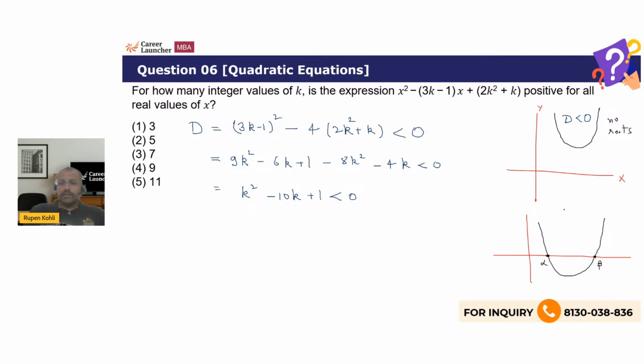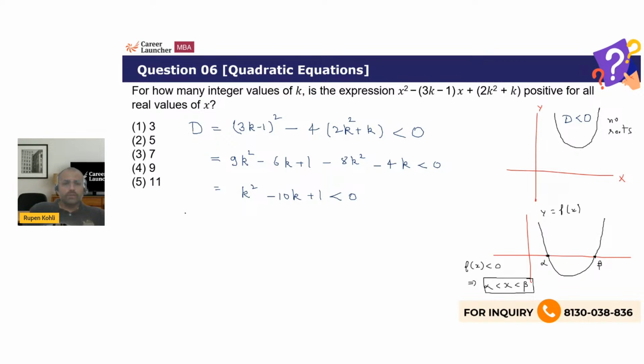Means if y equals f(x) being a quadratic function, f(x) is less than 0 between the roots. So f(x) less than 0 implies x lies between alpha and beta. That is the solution of the quadratic inequality. That's the basic of quadratic inequality. That's exactly what we have. So we have to find its roots, and the range of k is between the roots.